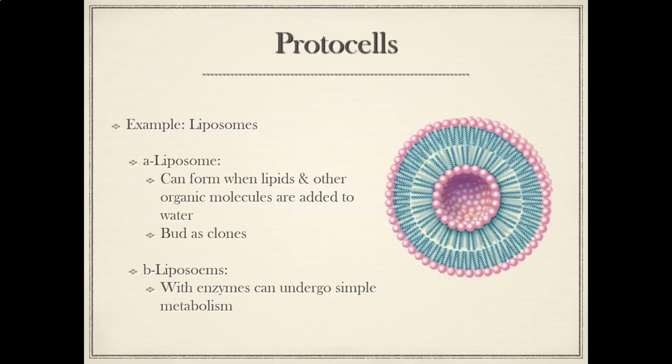And B liposomes also exist, and these, with the help of enzymes, can also undergo some really simple metabolism. So just some basis for where this information is coming from. These things exist, and so we can study them, we can recreate them. And so that just gives some credence to the hypothesis of these protocells being feasibly formed in Earth's early oceans.